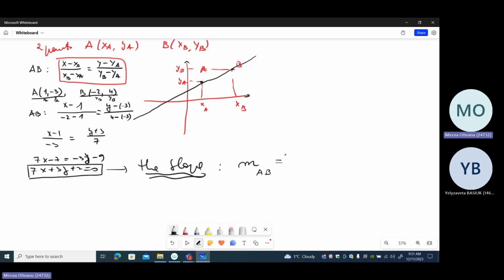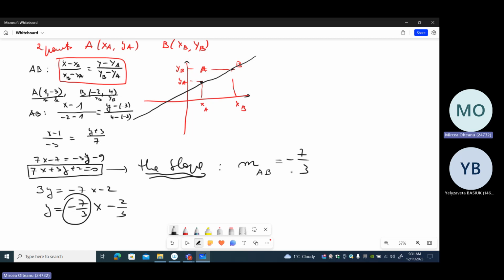Please compute it and tell me the value. 7/3. Not 7/3. You are close, but not exactly. No, minus. Minus 7/3. So this is the slope, yes?